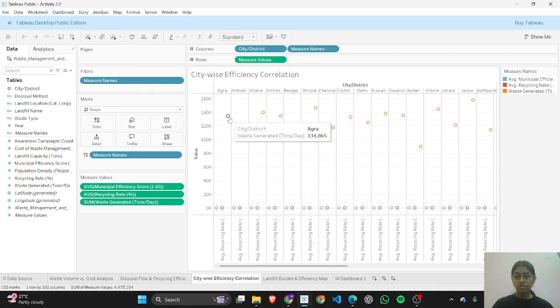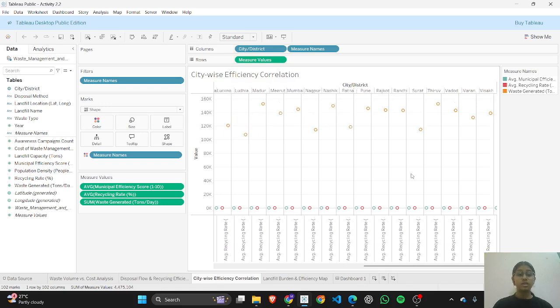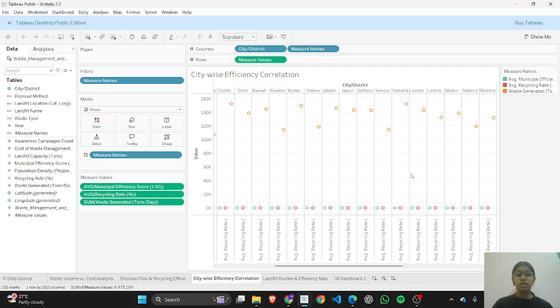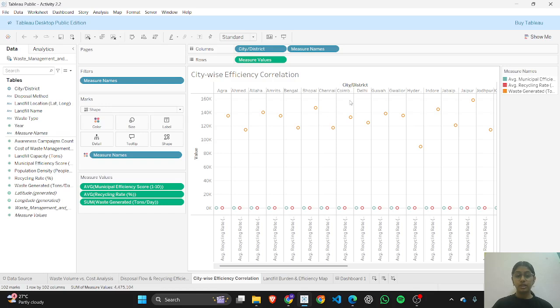Here, the waste generated in tons per day in Agra is 1,34,865, and similarly for all other cities, you can see Delhi, Coimbatore, Bhopal, and others. Their average recycling rate is, for example, for Ahmedabad 61, and for Amritsar 54.